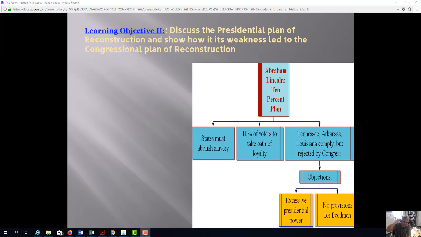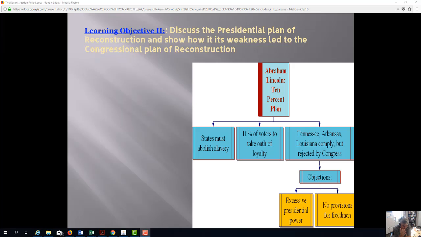So the first thing is the former Confederate States of America, the South that seceded, must abolish slavery. That is, they must accept the 13th Amendment, ratified in 1865.